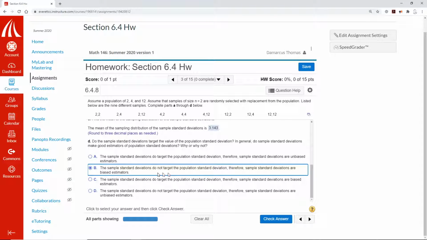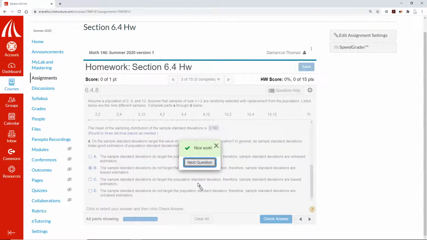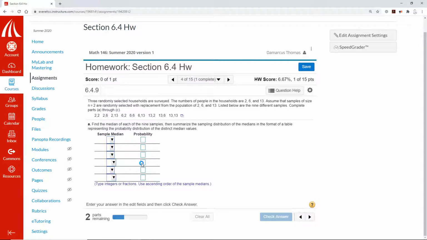Therefore, sample standard deviations are biased estimators. So let's choose B. And it agreed with us on that. That was good.